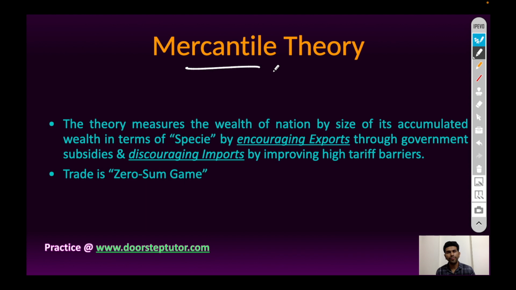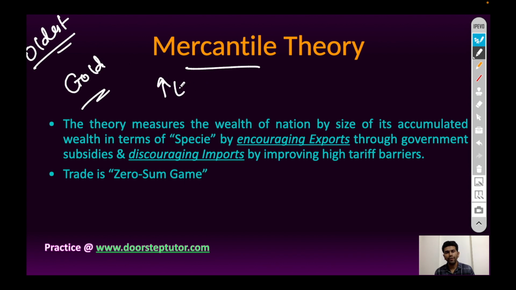Mercantile theory. This theory was based on Europe's great powers. It is the oldest theory. According to this theory, a country can become wealthy if it accumulates gold, if it increases its exports and reduces imports. The theory measures the wealth of a nation by the size of its accumulated wealth in terms of specie.